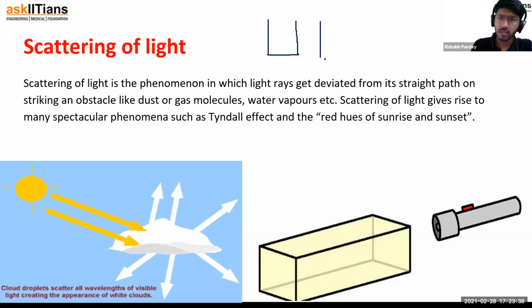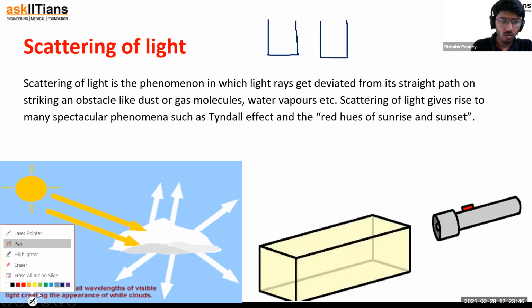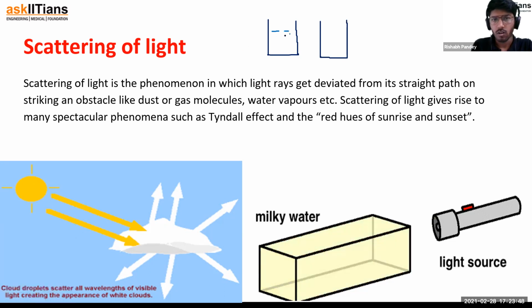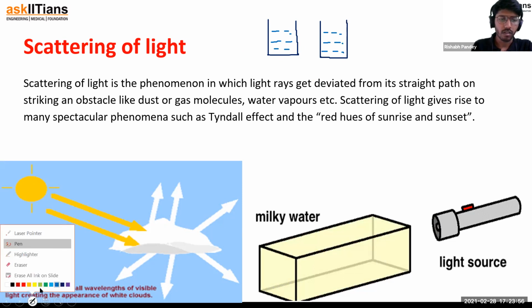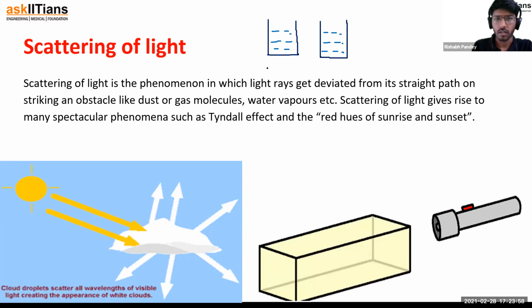Just try to imagine that this is completely a dark room, and there are two containers filled with water. They both are filled with water, and they are kept on a surface over here.